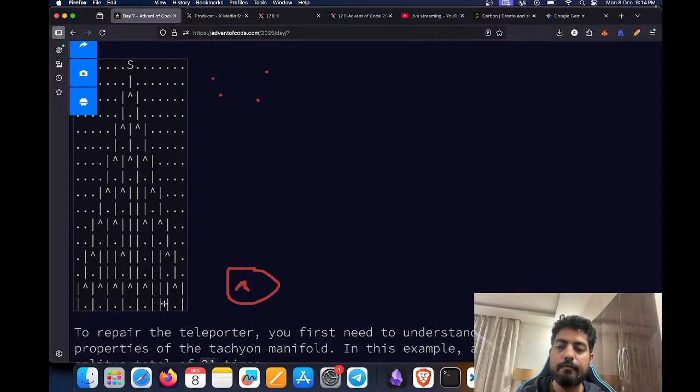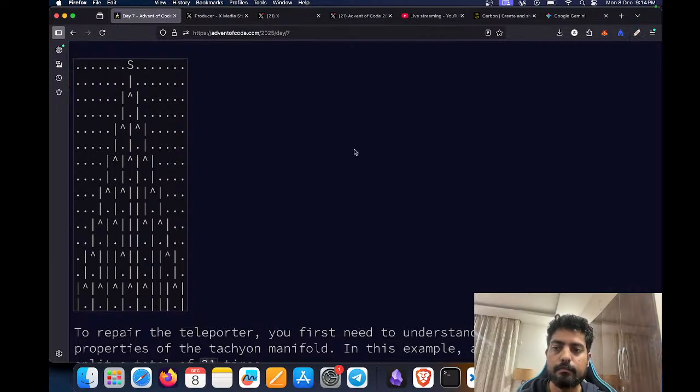So my initial thinking was, since this splitter lies below this one in the same line, we won't touch it. But that is not the complete picture. We have another splitter which is far away from all of these, so the ray won't even reach there and it won't touch that one. So basically, out of all the splitters, the ones that we touch give the number of times we are being split, and that is the answer.